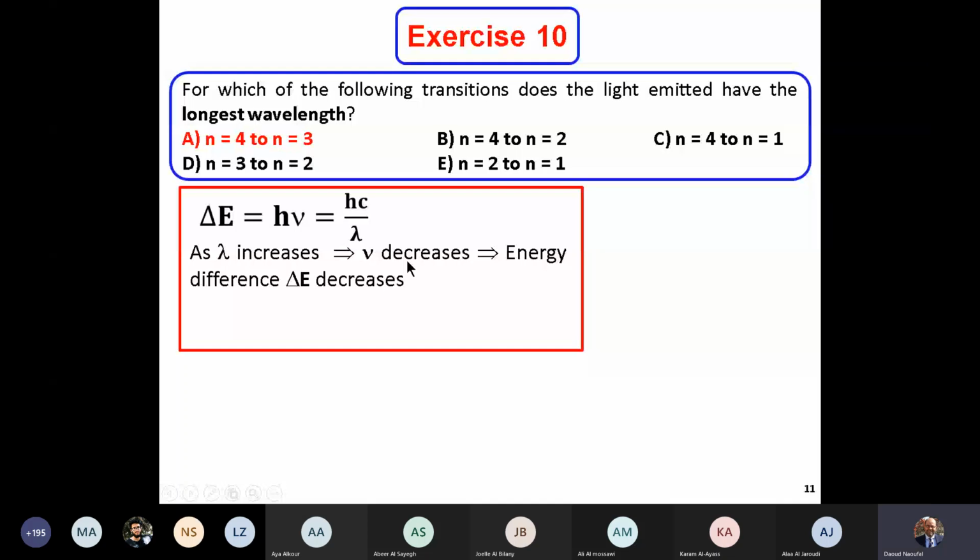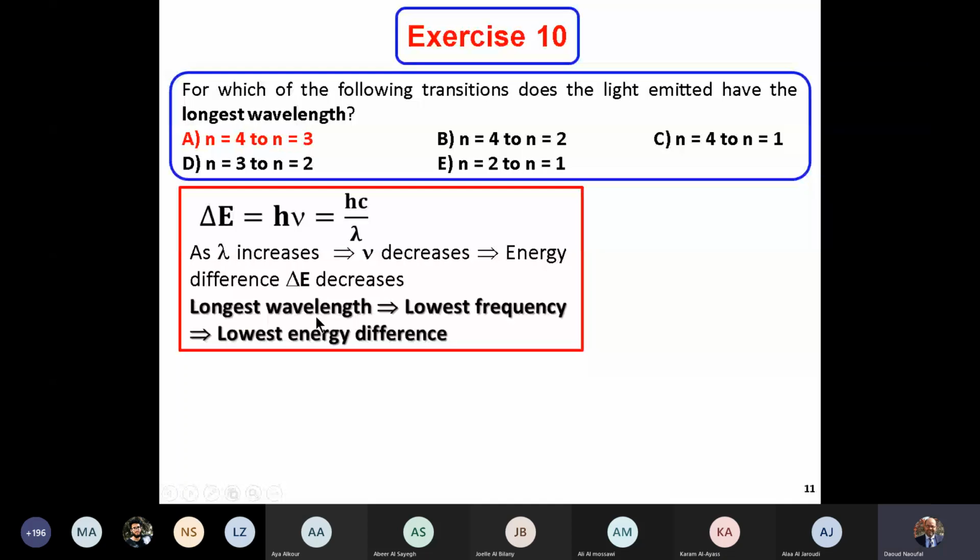He asked us to find the longest lambda, meaning the highest value of lambda. So we have to search for the lowest difference delta E. Longest wavelength, lowest frequency, and lowest energy difference.